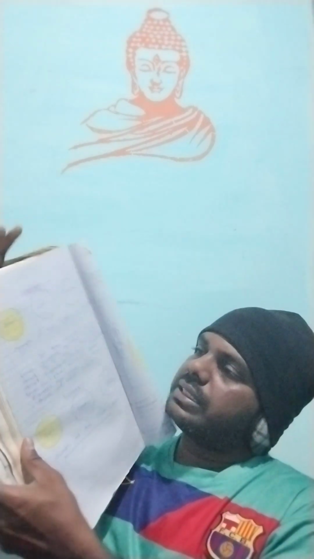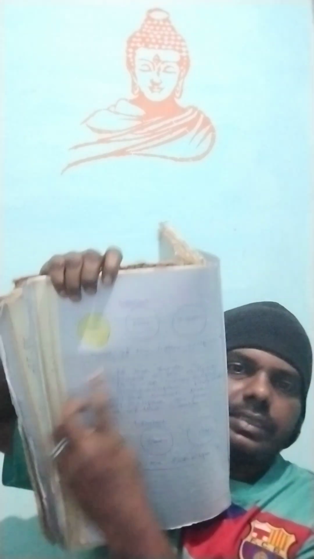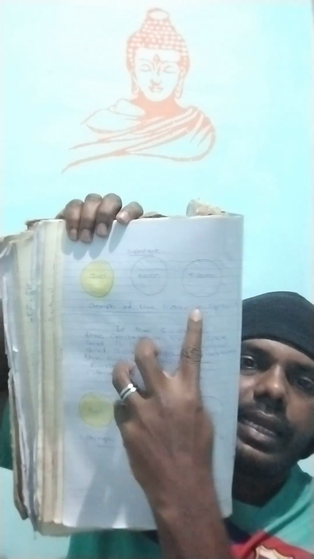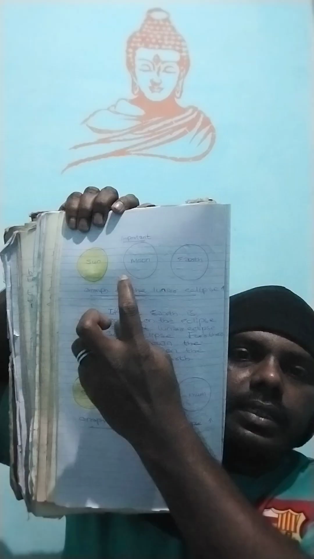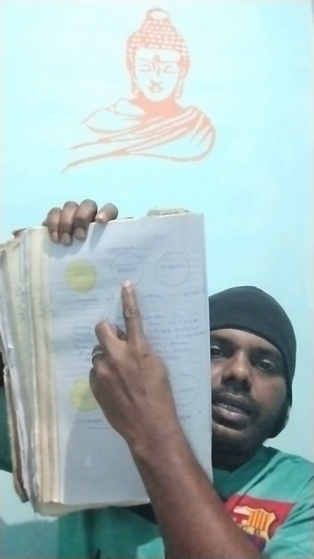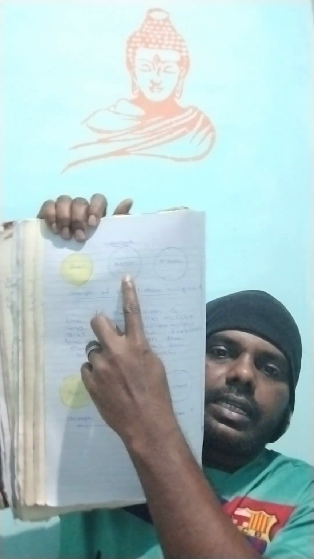I will show the graph of the lunar eclipse: sun, moon and the earth. The center part is what defines the lunar eclipse.